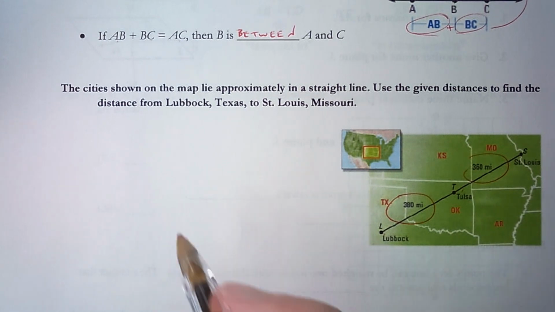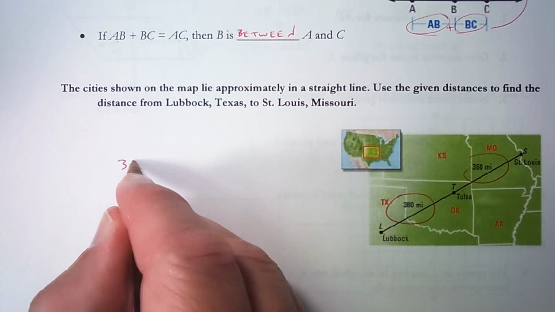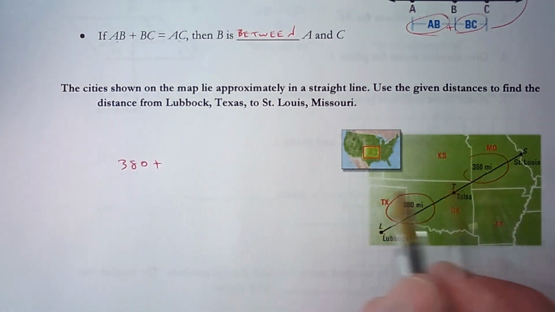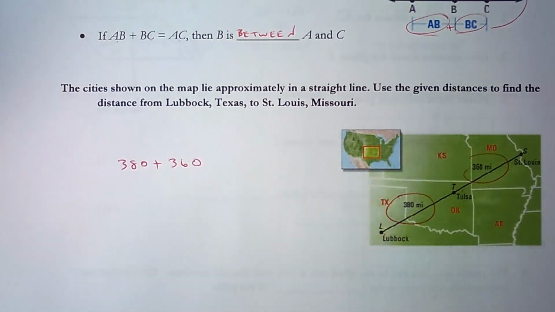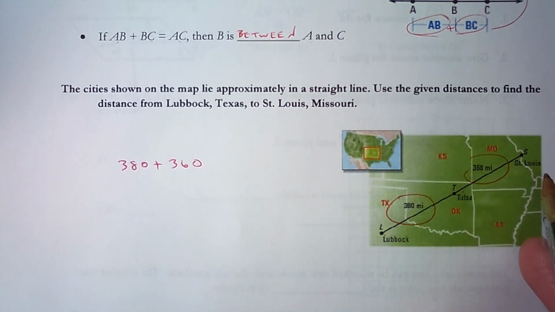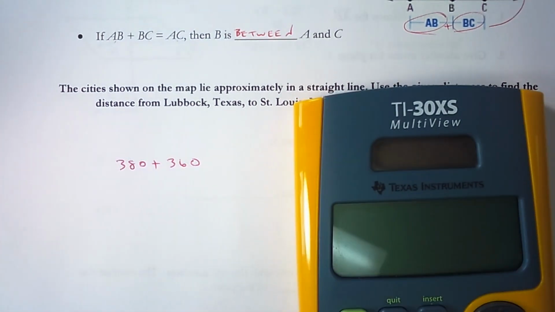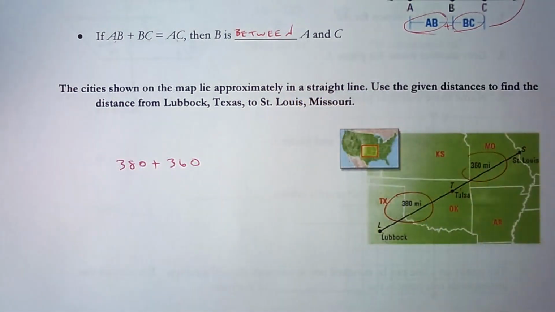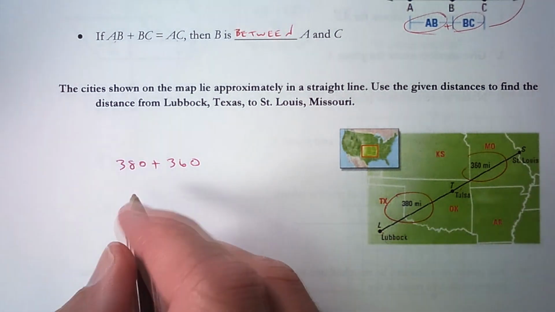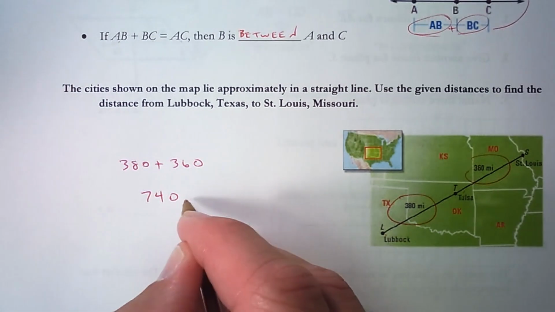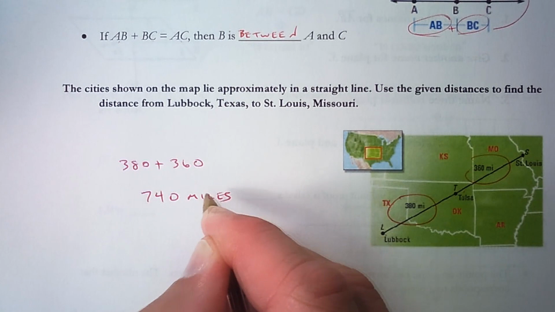If I add those together, 380 plus 360, that will give me the distance from Lubbock to St. Louis. I can take a calculator here and add 380 plus 360, and I get 740. So from Lubbock to St. Louis is approximately 740 miles.